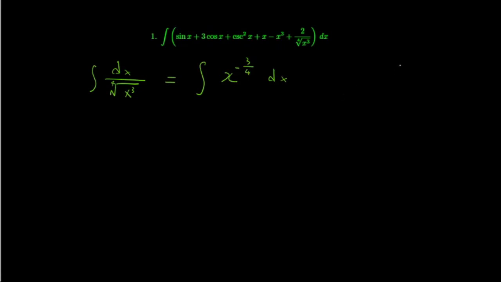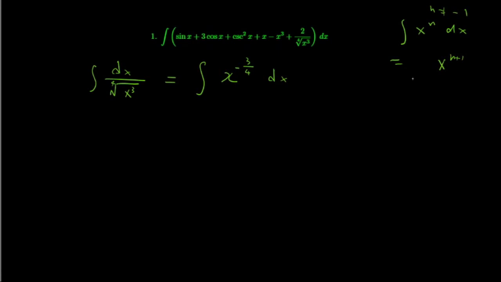So now let's recall the power rule says to get the indefinite integral of a power function x to the power of n, of course, when n is not equal to -1, the indefinite integral of the power function is equal to x to the power of n plus 1, right?